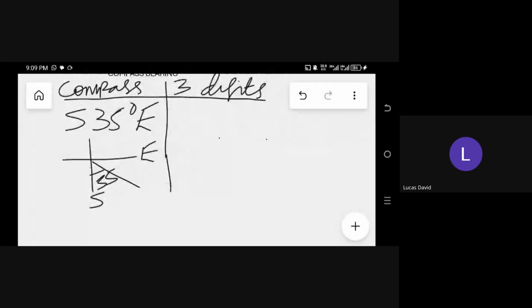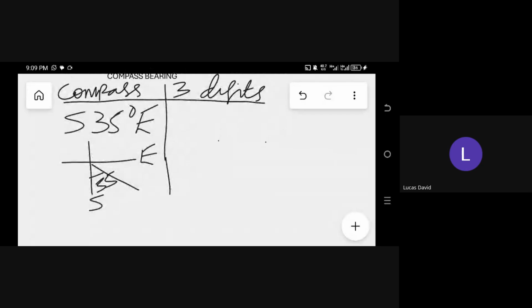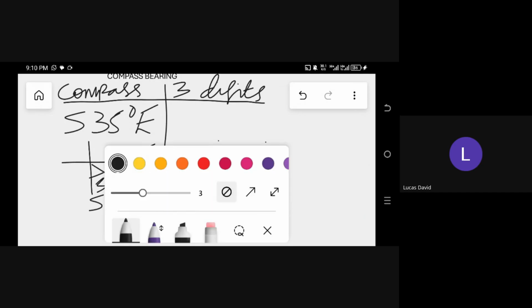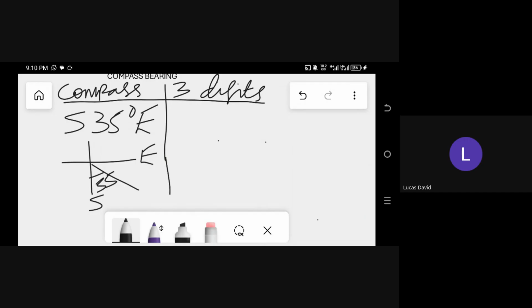So south 35 degrees east would look like this. Now let us convert it to a 3-digit bearing and see what we will have. So we'll come to the side of the 3-digit bearing. We have the same 35 degrees here.